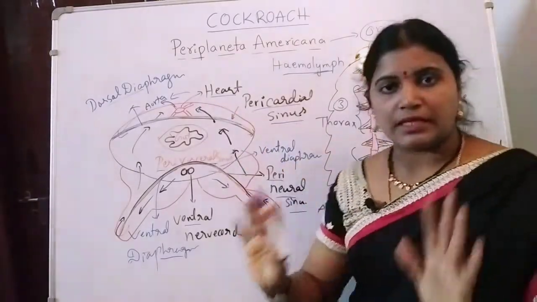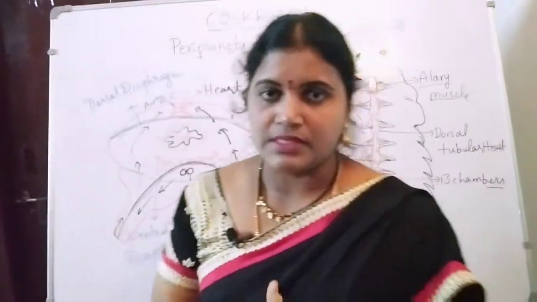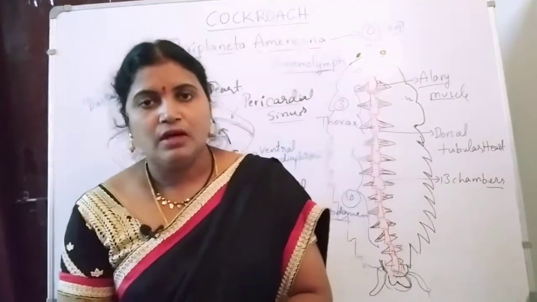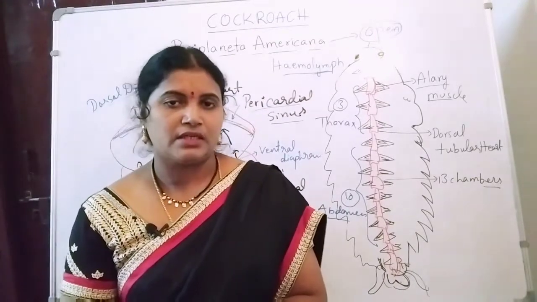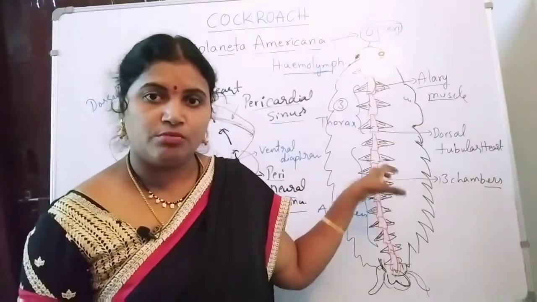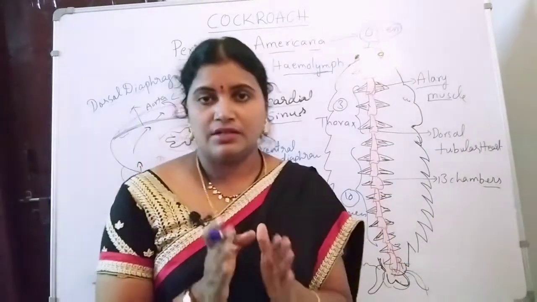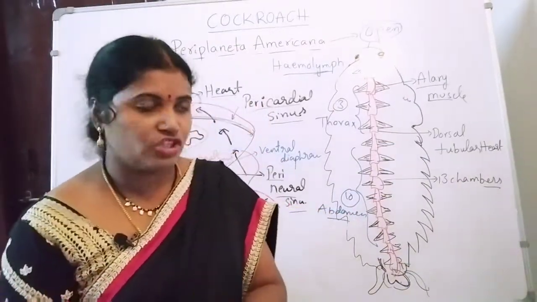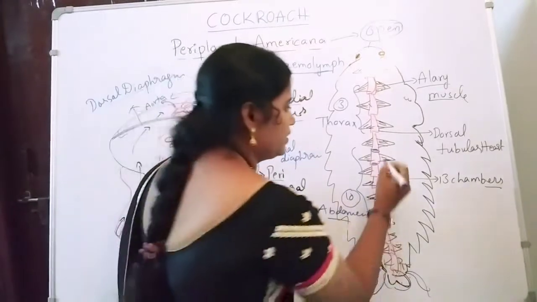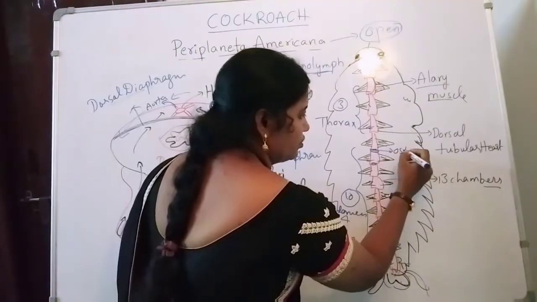Very simple circulation. In this simple circulation, the body fluid, the blood, is also known as hemolymph. This hemolymph contains blood cells, and the heart is a dorsal tubular heart divided into 13 chambers, and these 13 chambers are opened on both sides by structures known as ostia.